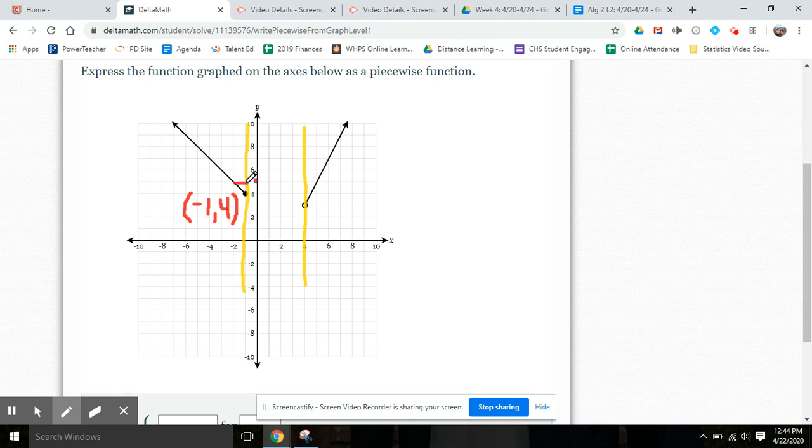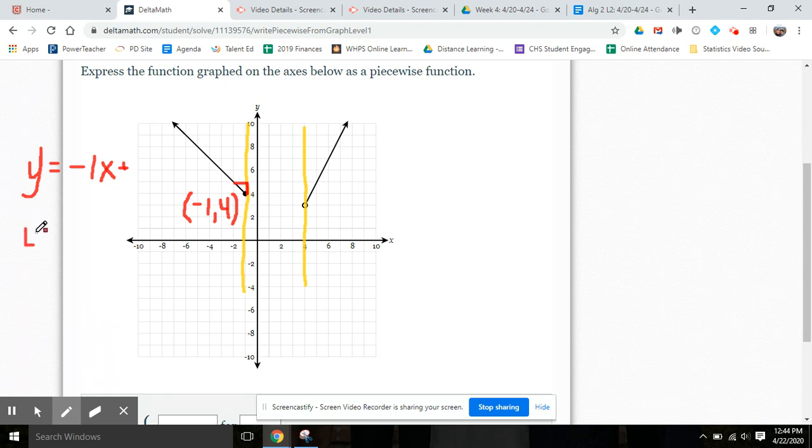I'm just seeing a -1 slope. So I know I'm going to have something like y equals -1x plus b. I need to find out what b is though. So I need to plug in my x and y from that point I have.